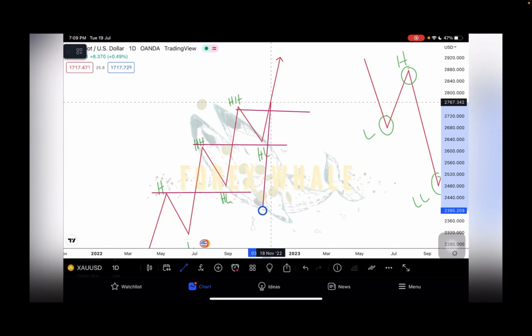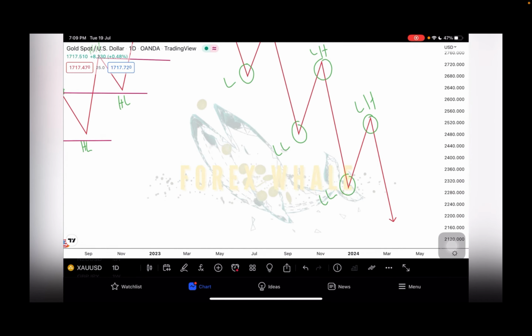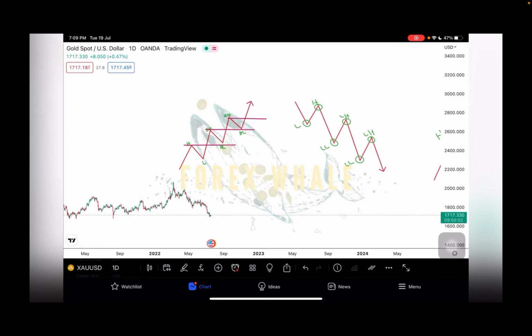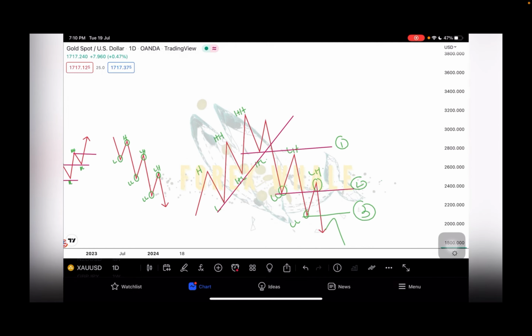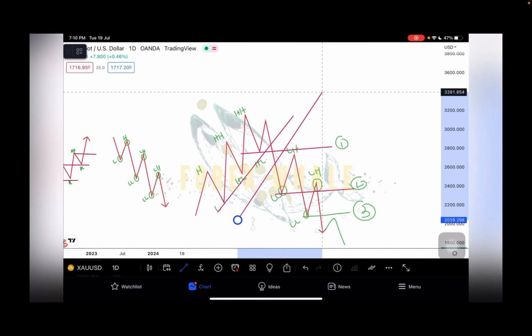That means price is still on a rally, but otherwise if it breaks through, just as I showed you in this example here, you can see very clearly price has broken this higher low and created a lower low. So then you know that the uptrend has already finished.